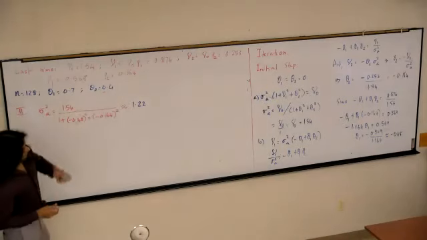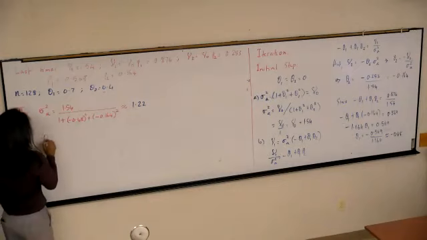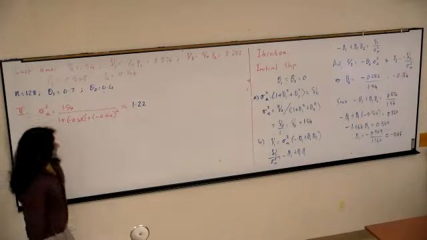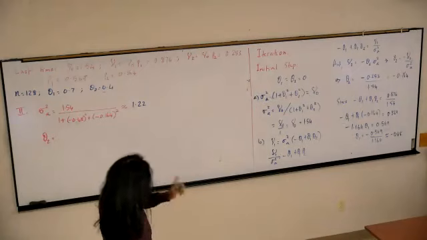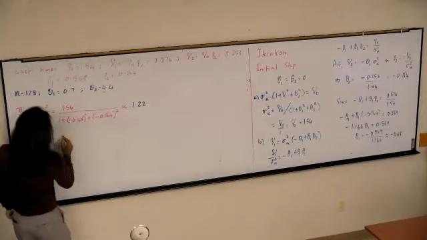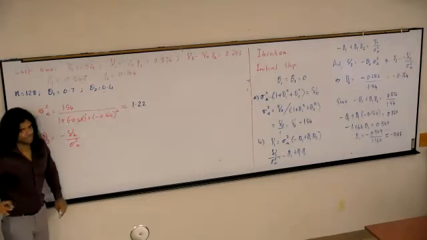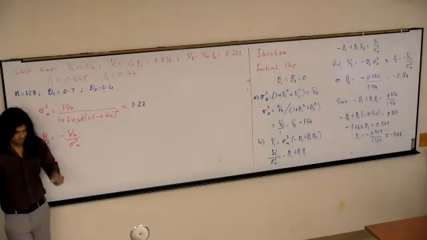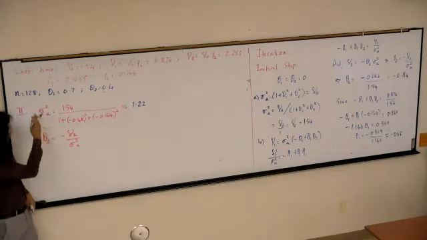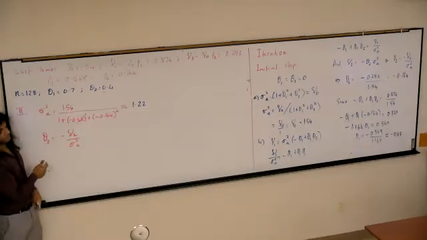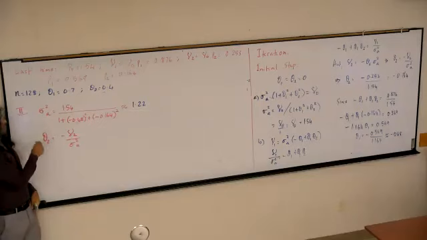Good. Theta 2 would equal negative gamma 2 over sigma squared A. Keep in mind, you've got to follow this process in the specified order.